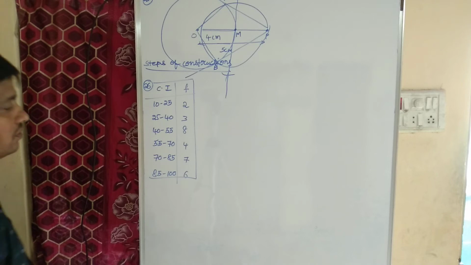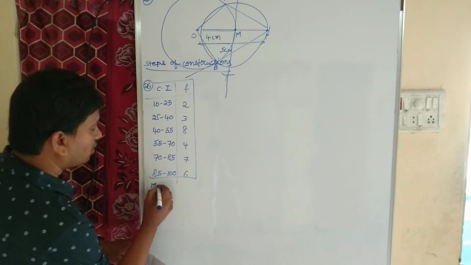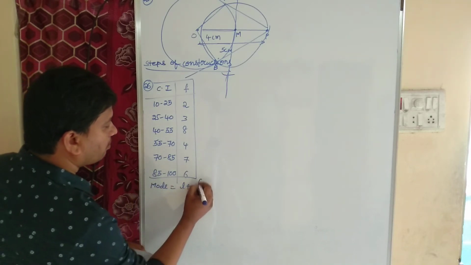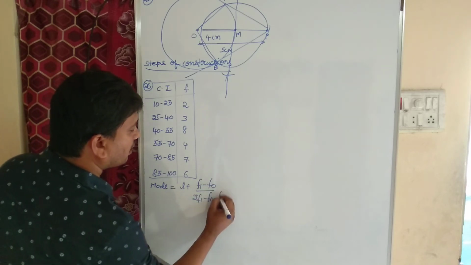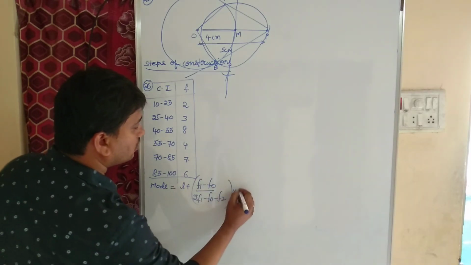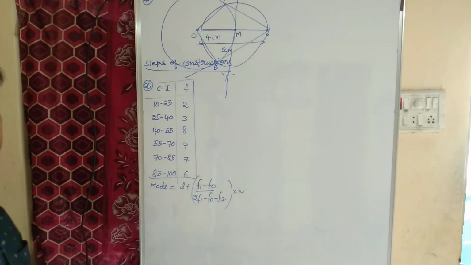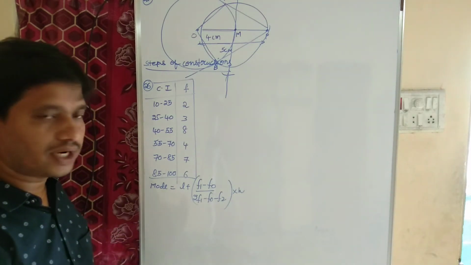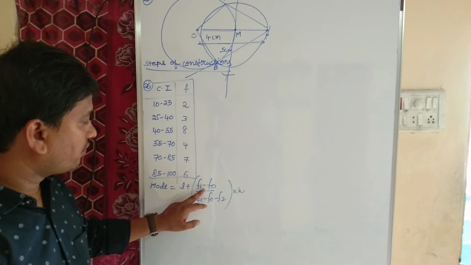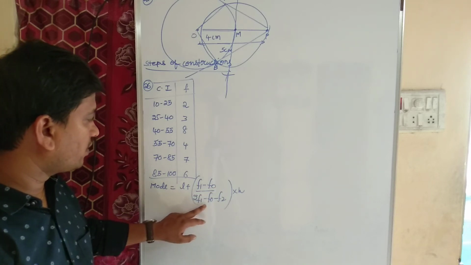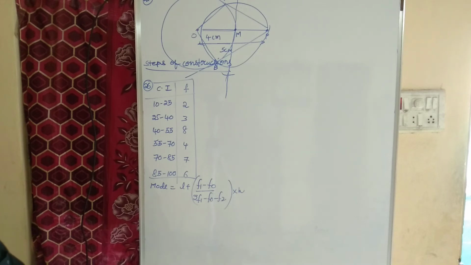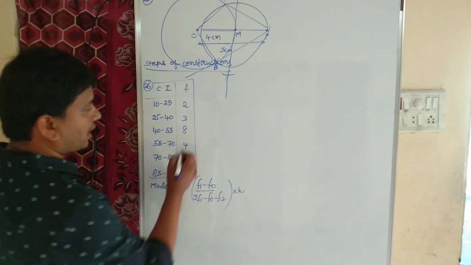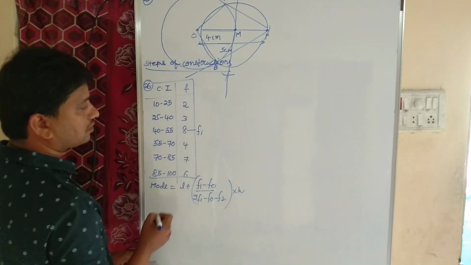Children, what is the formula to find the mode of the data? Mode equals L plus (F1 minus F0) divided by (2F1 minus F0 minus F2), into H. Here the highest frequency is called F1.